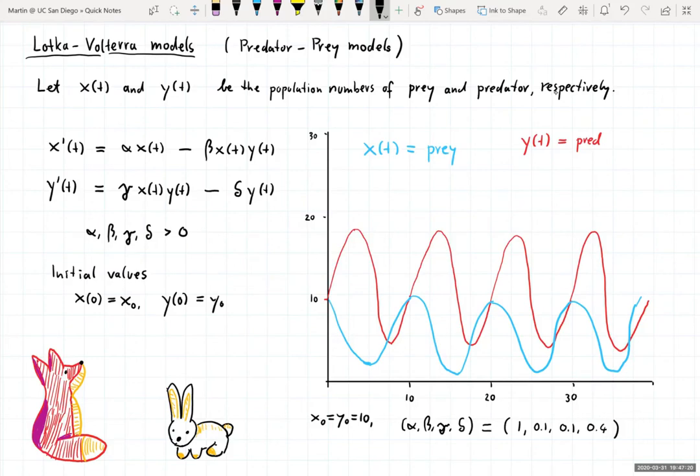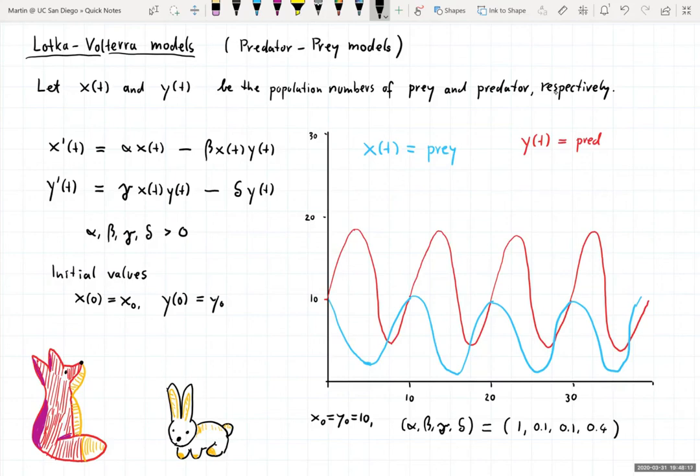The dynamics of these predator-prey models is quite interesting, and there's much mathematical theory about them. What you will see in practice is that the solutions to these differential equations show periodic behavior. One example is given on the screen. The blue curve illustrates the prey population, and the red curve illustrates the predator population.